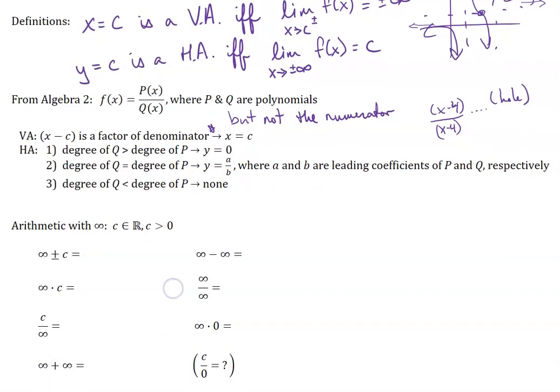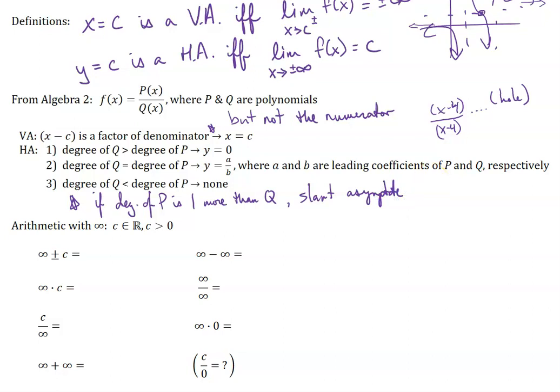If the degree of q is less than the degree of p, so the degree on top is bigger, then we have no horizontal asymptotes, but we do want to add that if the degree of p is 1 more than the degree of q, then we have a slant asymptote.